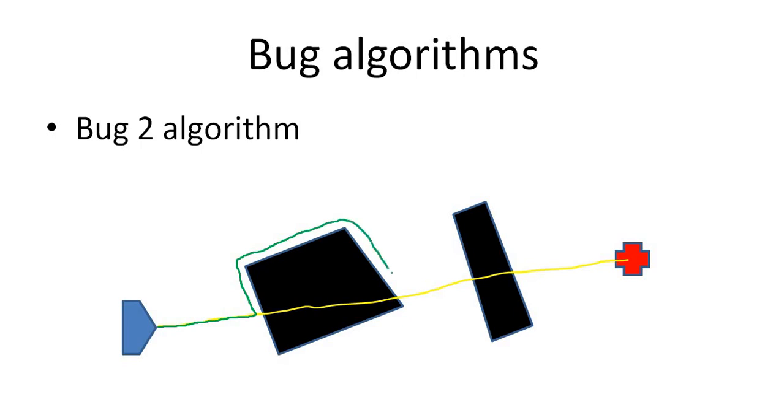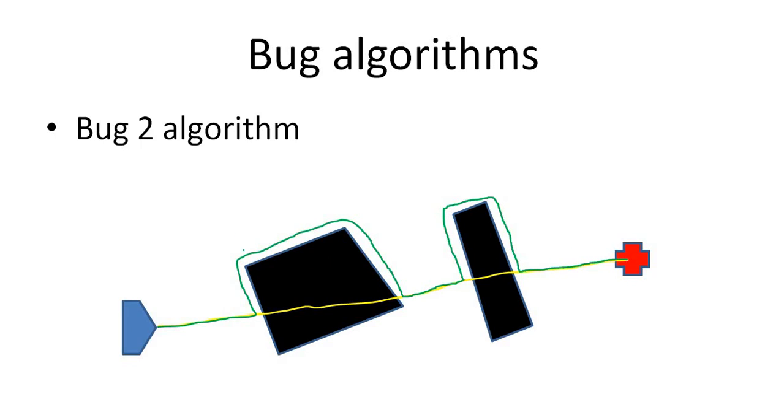It keeps following the obstacle till it reaches this line. As soon as it reaches this line, it follows the line again. There is another obstacle. It will take a left turn and follow the obstacle. It keeps following the obstacle till it again hits the line, and then it follows the line and reaches the target.